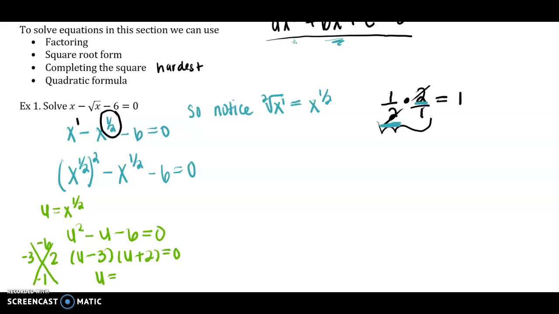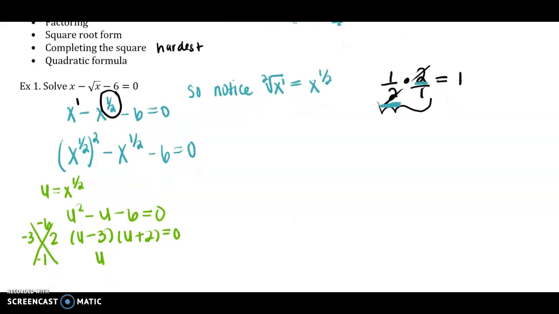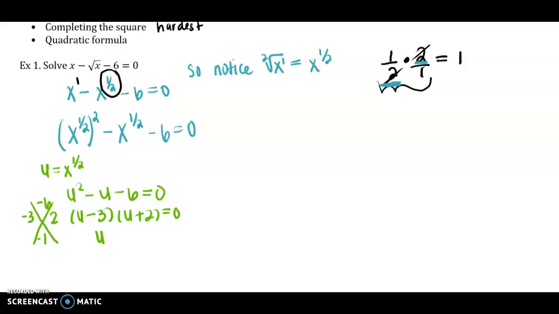So u equals, and then set both of them equal to 0. So u minus 3 equals 0. u plus 2 equals 0. Add 3, add 3. u equals -2. So here are my two values. But remember, what was u equal to?